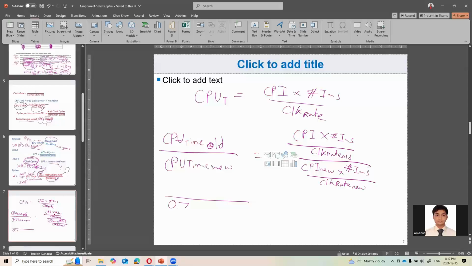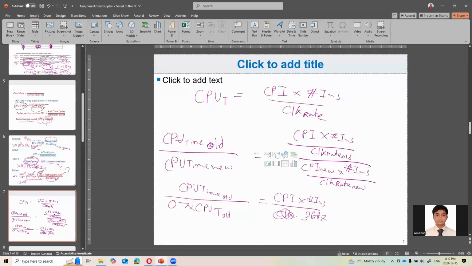So 0.7 times CPU time old over CPU time old, and then this is the CPI old, number of instructions, clock rate. We know the clock rate old is 3 gigahertz, so let's just write it.